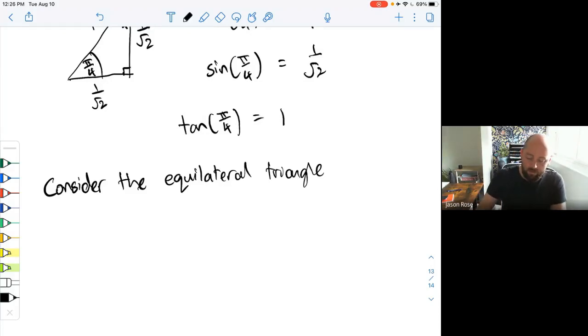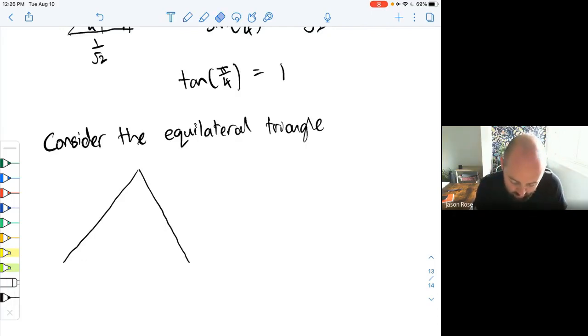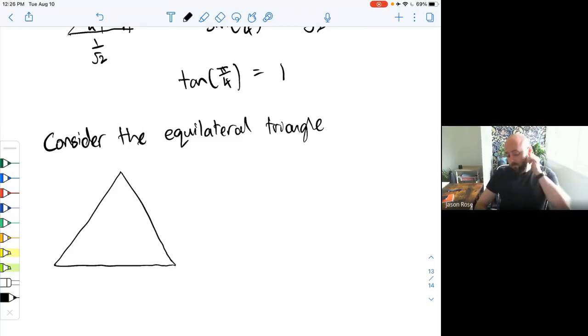Just make sure that I draw this one nicely. Bad drawing today. It's harder to draw on a glassy screen like an iPad than on paper. And let's make all the lengths of these sides equal to 1 here. Just tighten that up a little bit.